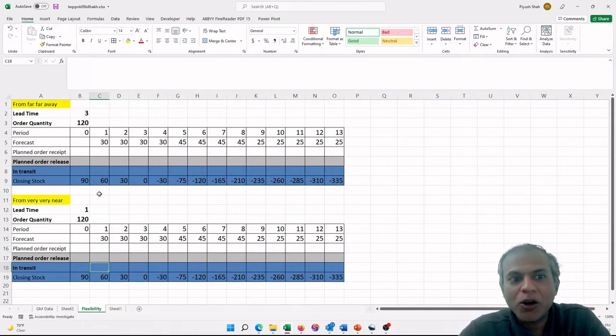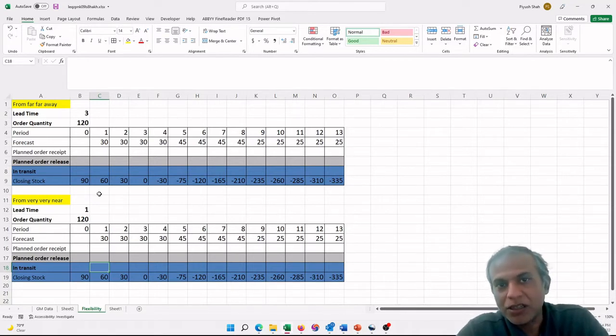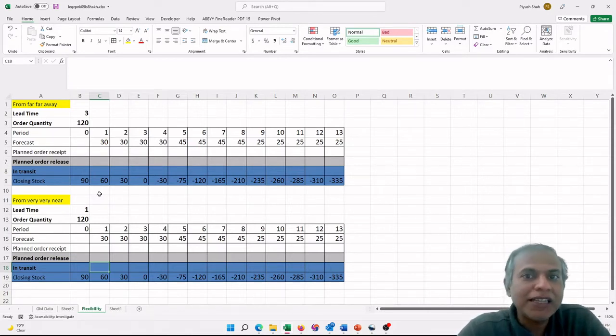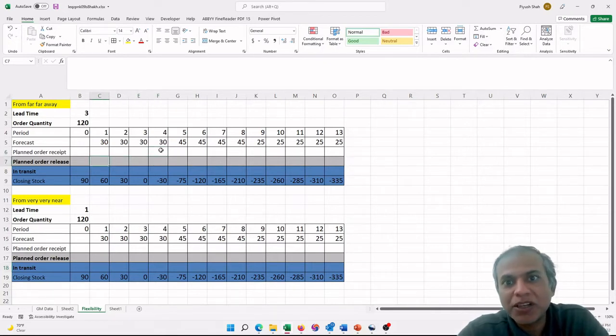Now, planned order release and receipt are a little bit difficult to understand, but think of it like this. Release is when my supplier ships the material, releases the material. Receipt is when I, the buyer, receive the material. So if the lead time is 3 days, I want something in period 4, the supplier has to release the material in period 1 because the lead time is 3 periods.